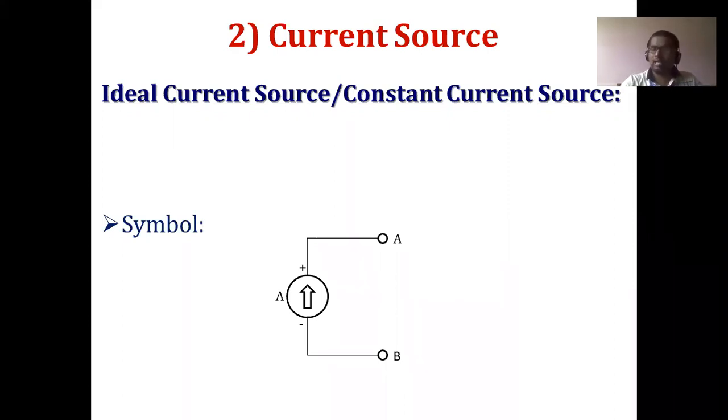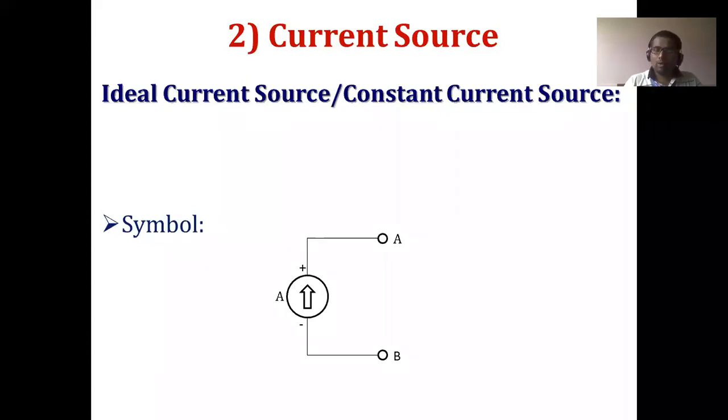And now it is our duty to connect the load in between the point A and B. But as I say, this is an ideal current source, which means we have to consider it an imaginary concept. And why is it called a constant current source?